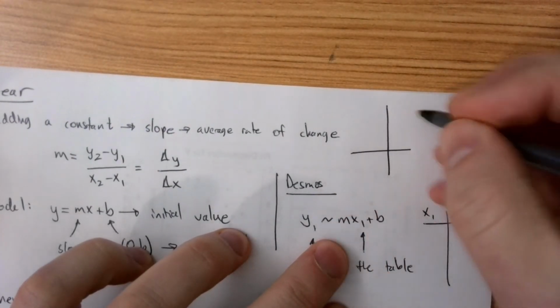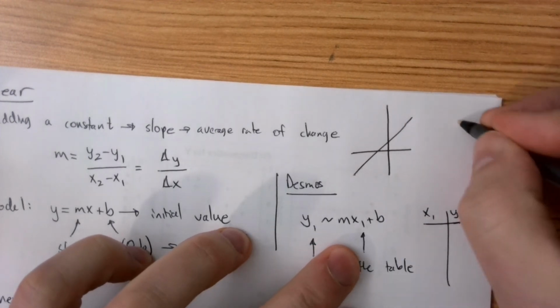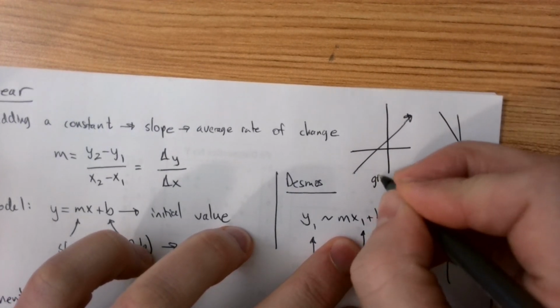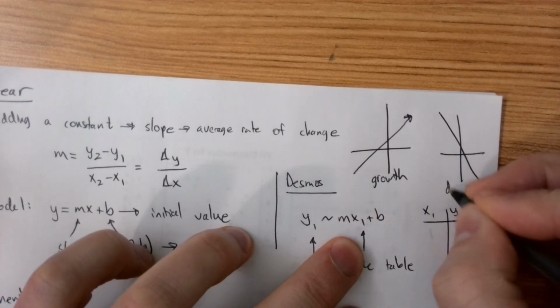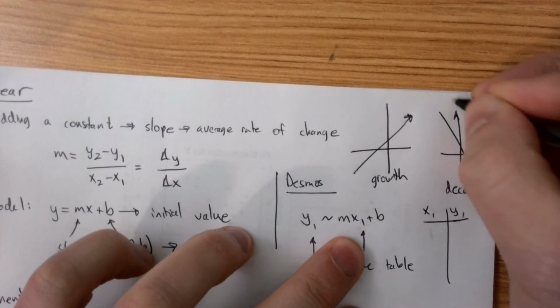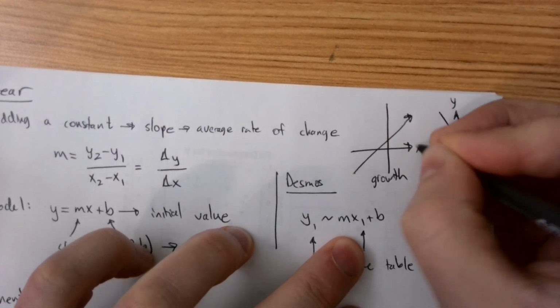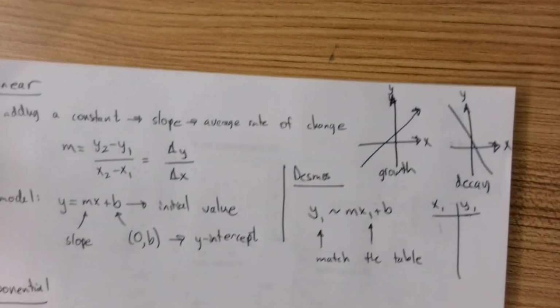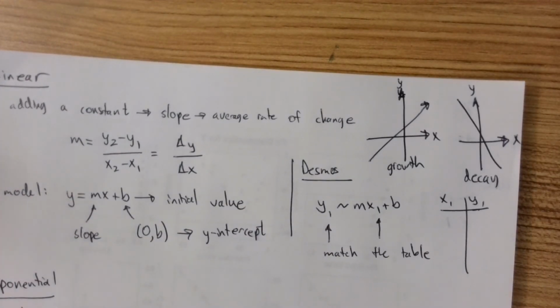Those are a little more straightforward. Here's linear growth. Here's linear decay. Linear actually has two other options. An undefined growth, which is a vertical line, and a zero growth, which is a horizontal line. But we didn't really talk about those, and that's not really going to show up in our models.